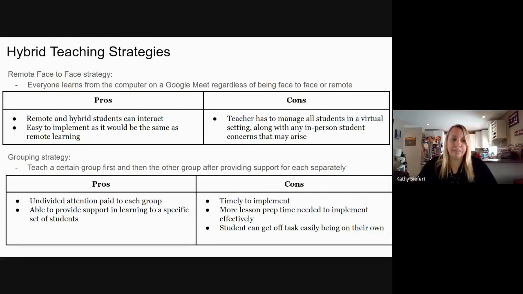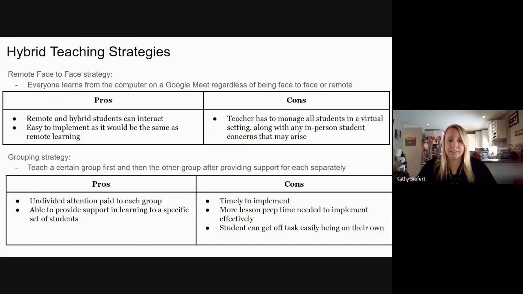And then finally, we have the grouping strategy, which Ted said we're going to really dive into here. But the grouping strategy is simply teaching one group first and then the other group separately. So undivided attention to the remote or the in-person group, and then you're able to provide that support to those students as it is needed.